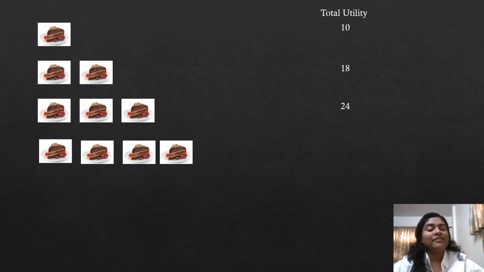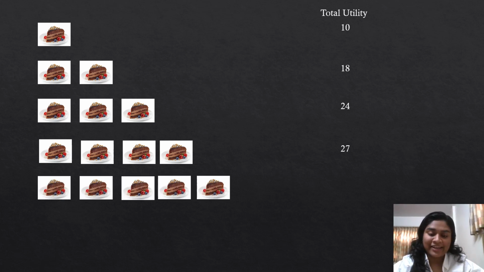And we buy the fifth piece of cake. But at the fifth piece, you are completely full. You don't want anything else. And hence, the total utility derived from the fourth piece and the fifth piece is going to be the same.